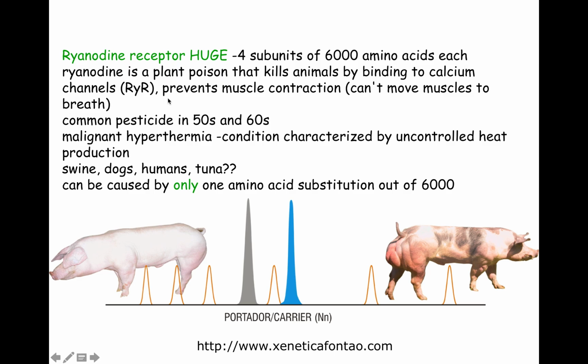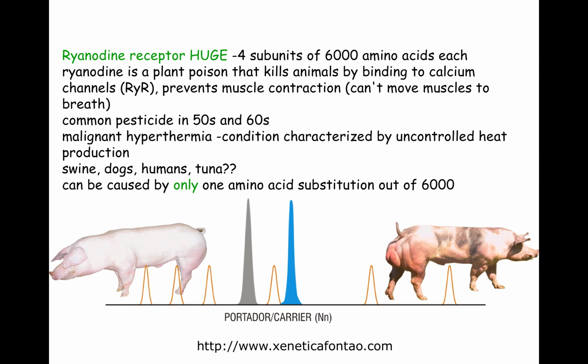Like I said, the way it works is it kills animals by binding to the calcium channels, which prevents calcium release, and that prevents muscle contraction. It was a common pesticide, but it's no longer used because it's so dangerous.